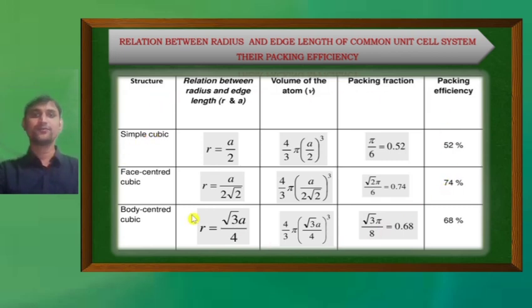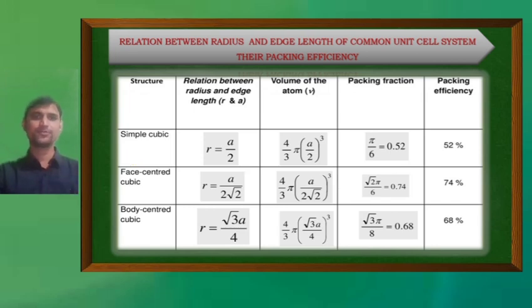From this chart we can predict the relation between radius, edge length, volume of atom, packing fraction and packing efficiency. First of all we look at the simple cubic unit cell.